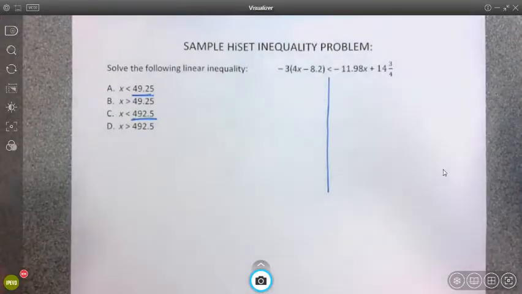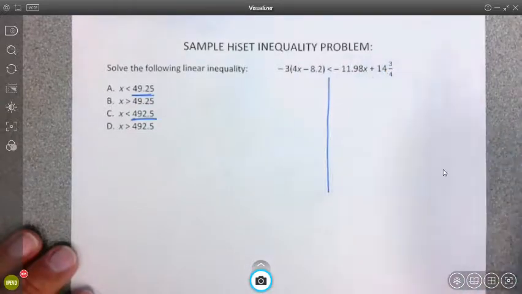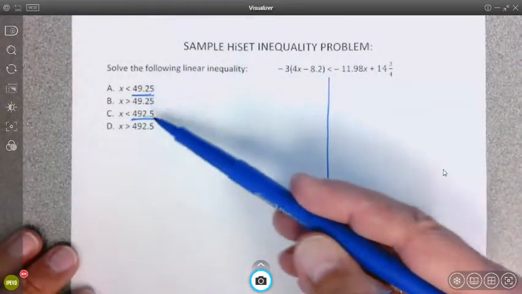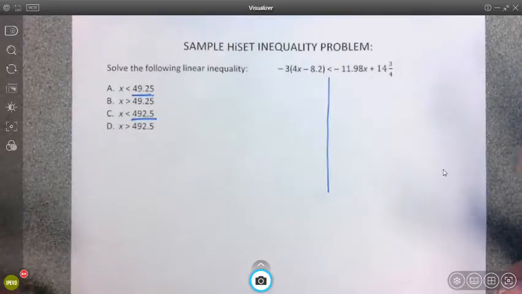These are the two values that I need to test in the inequality to see whether the left-hand and the right-hand side of the inequalities are equal at either of these two values, because those values represent what we call the boundary values for the solutions of the variable x that will satisfy this inequality.